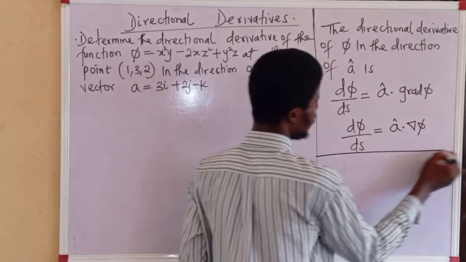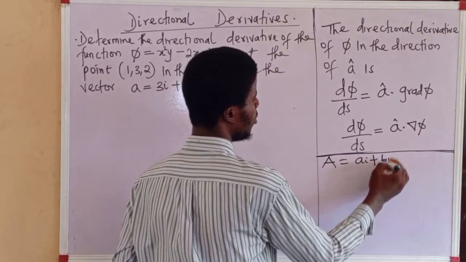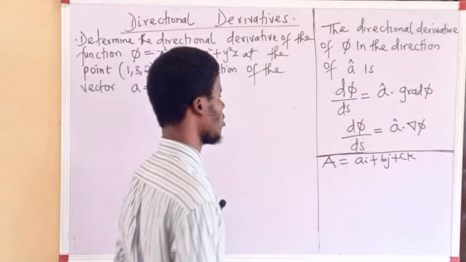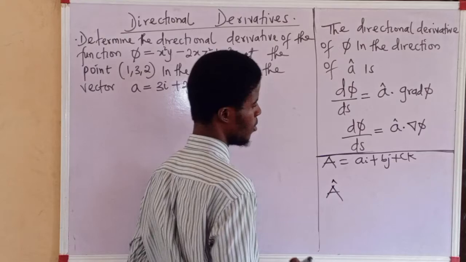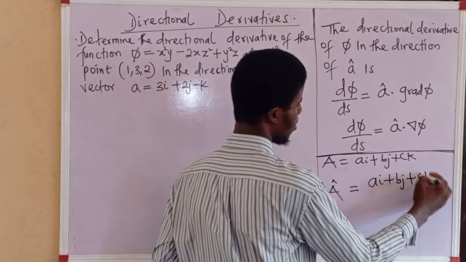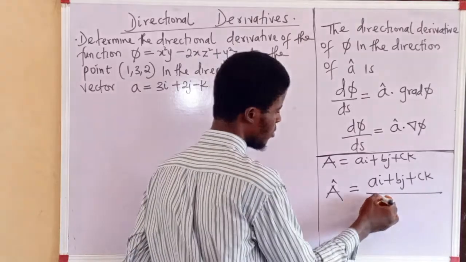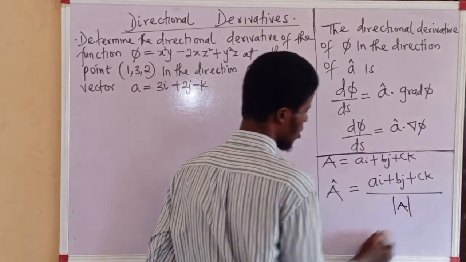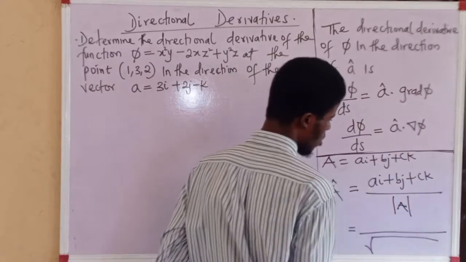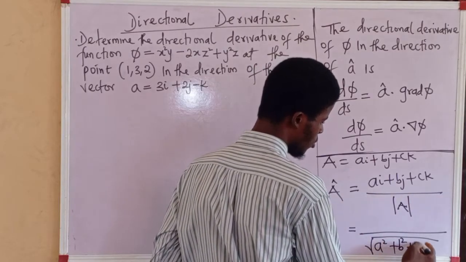Now, remember the formula for the unit vector. If I have a vector A equal to ai plus bj plus ck, the unit vector in the direction of A is equal to the vector itself divided by the modulus of the vector A. And the modulus of A itself is the square root of a squared plus b squared plus c squared.